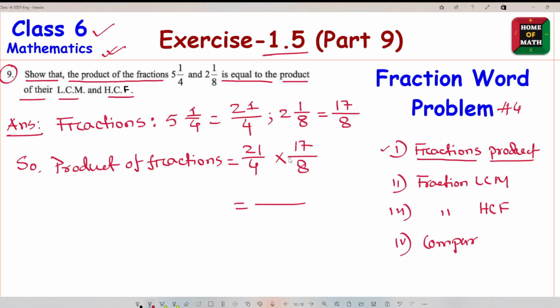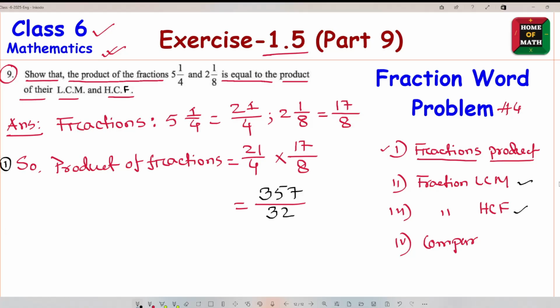Okay, so 21 we cannot divide by 4 or 8, 17 also we cannot divide by 4 or 8, therefore we can just multiply. 4 times 8 is 32, and 21 times 17, we should use a calculator, is 357. Now we have to find the fraction LCM and fraction HCF. The product is 357/32. So the first part is complete. This is step 1.